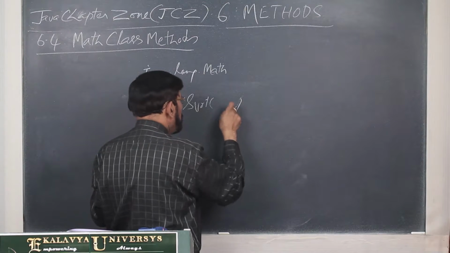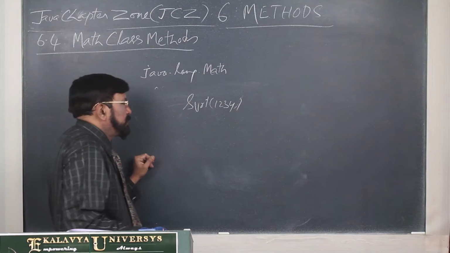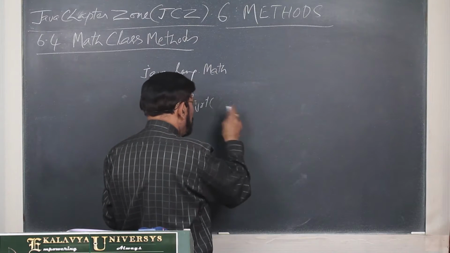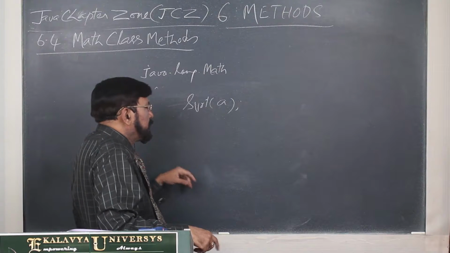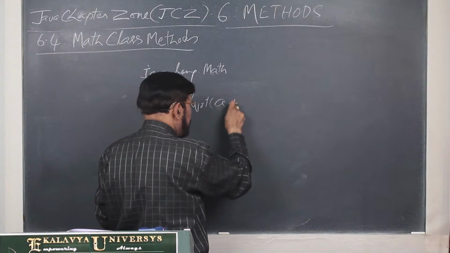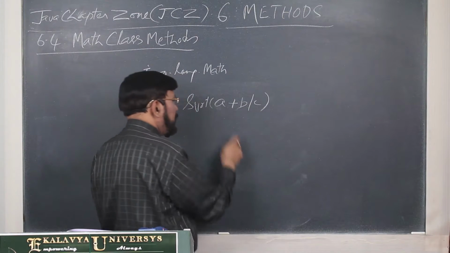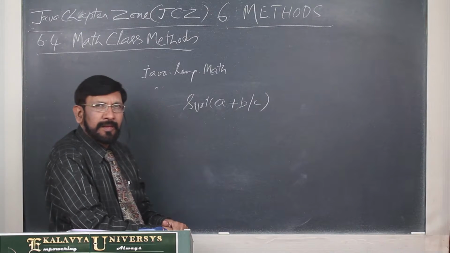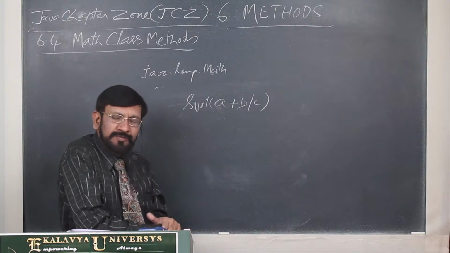Suppose you give an integer constant, or you may give a variable that was already defined. Or you may give an expression. Then the expression is first evaluated, thereafter the square root is found.